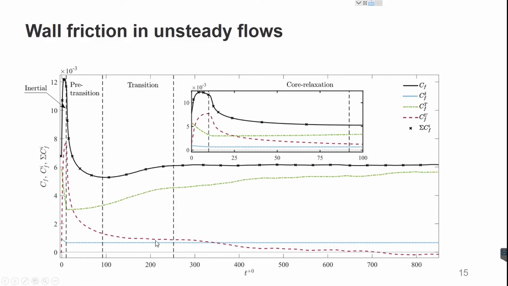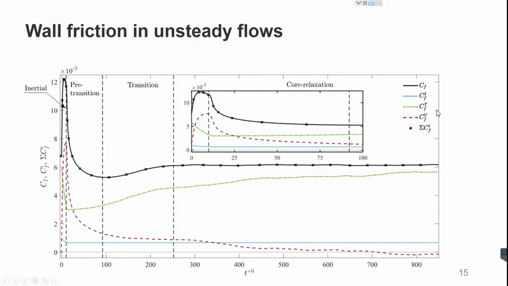During the transitional stage, it continues decaying, and during the core relaxation stage, it progressively decays on a very long time scale until it becomes negative. And some people may be wondering why it becomes negative. It is because now what dominates this term is the pressure gradient. And in pipe flows, if we remember, the pressure gradient is negative.